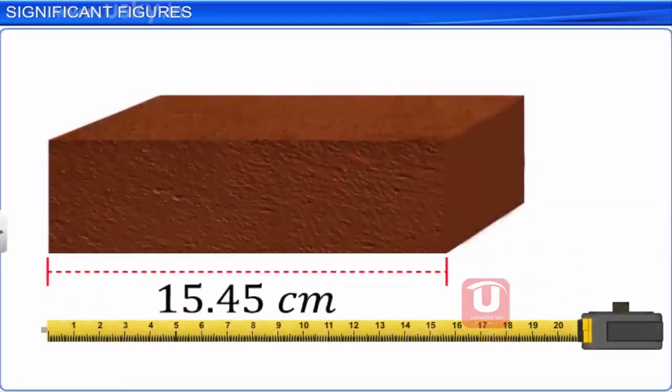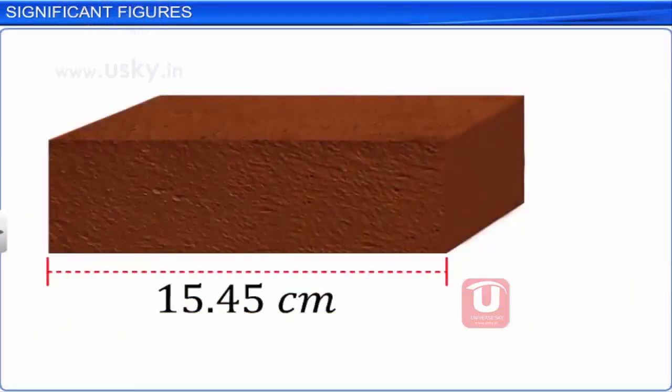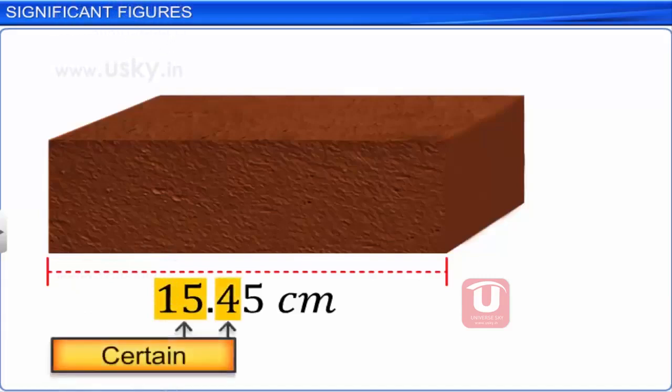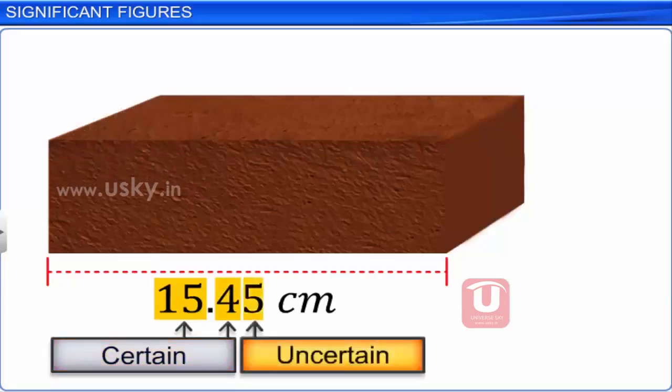Since we are not sure, we can say that the length is approximately 15.45 centimeters. In this measurement, 1 and 5 in the whole part and 4 in the decimal part are certain, while the 5 in the decimal part is uncertain. This 5 is uncertain because this is an approximate value.